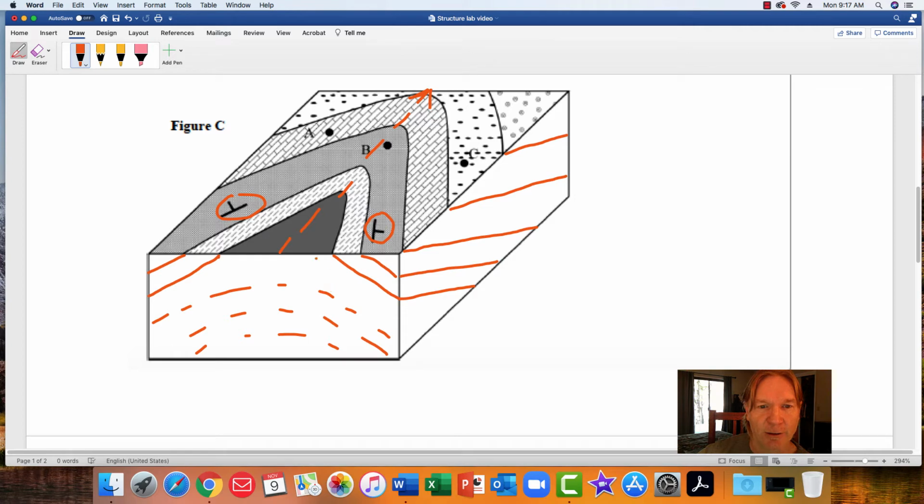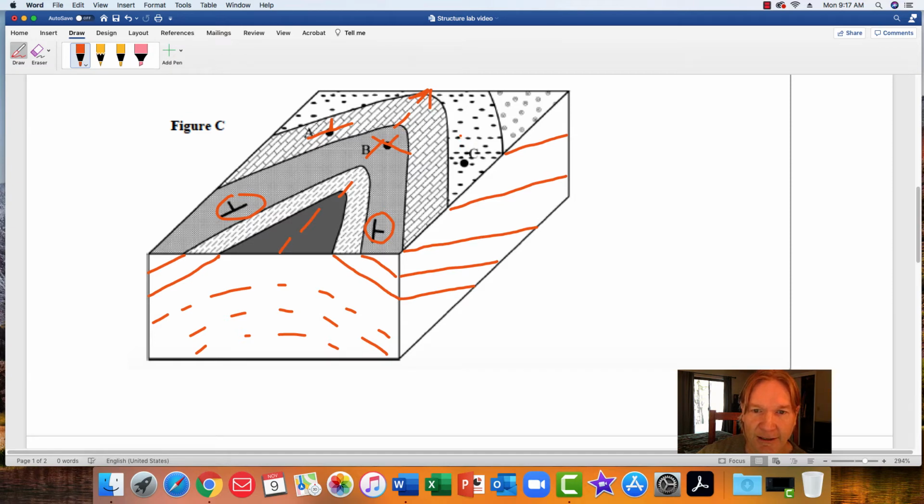Okay, so if I were to draw strike and dip symbols here, the contacts between the different layers represent the strike lines, and I know that it's dipping away from the middle, so it's going to be going off like this. Right here on the nose of the fold, the strike is going to be this direction, and the dip is going to be towards the nose like that.